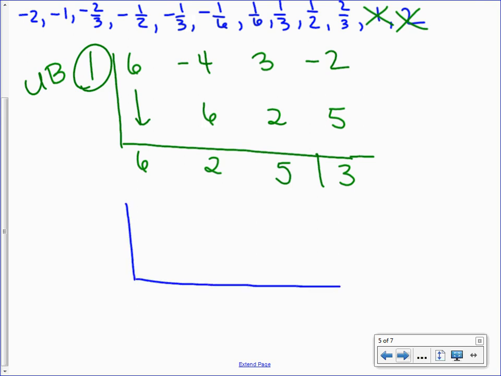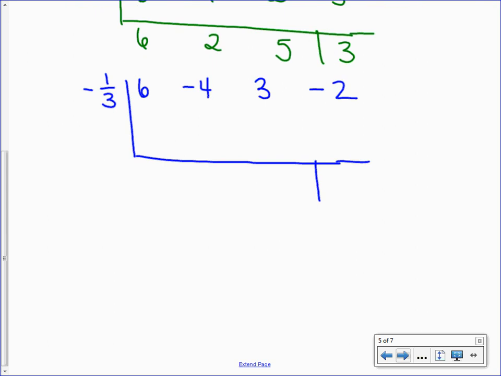Okay, now I'm going to pick a negative zero for you. We haven't done a fraction, we're going to do one. We're going to do -1/3. We bring down 6. What is 6 times -1/3?